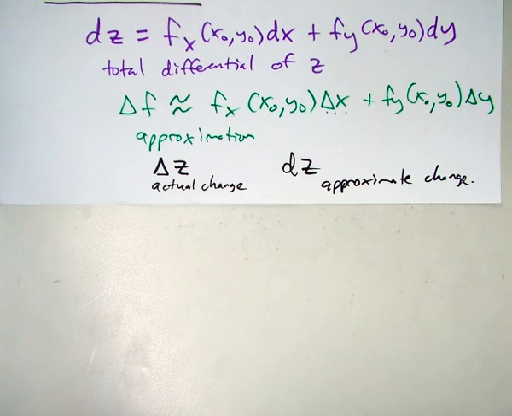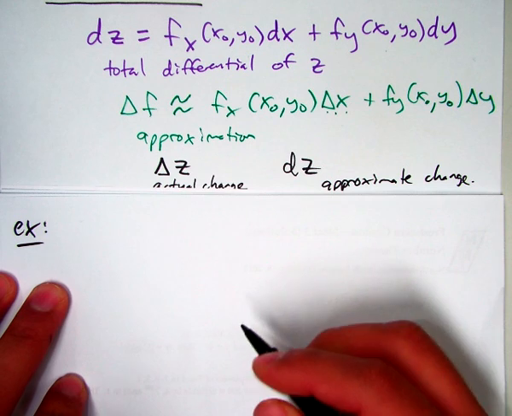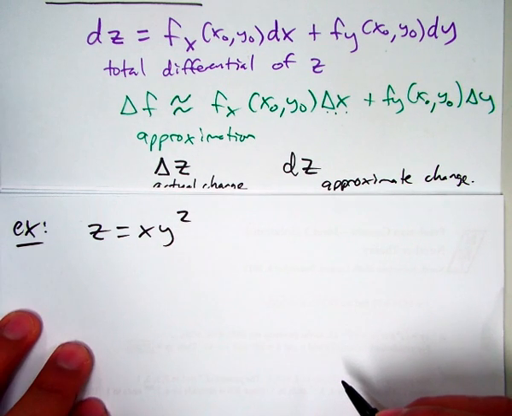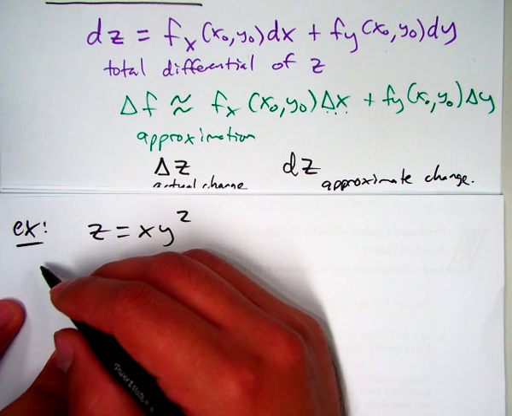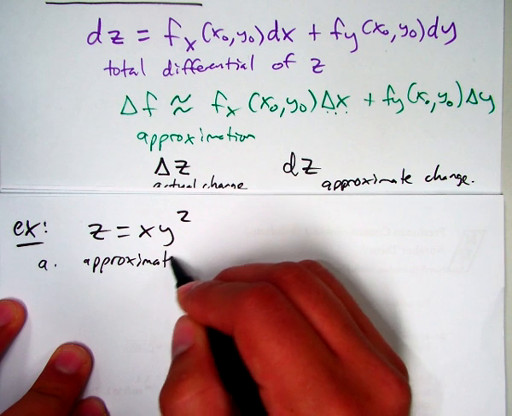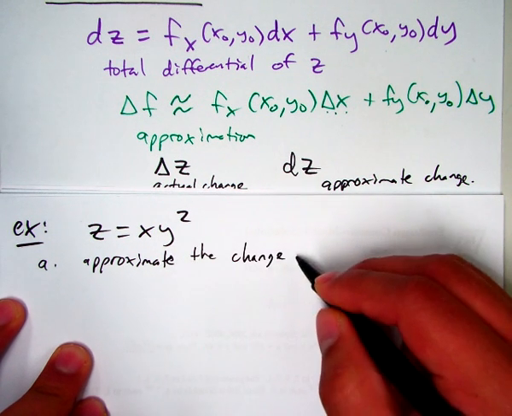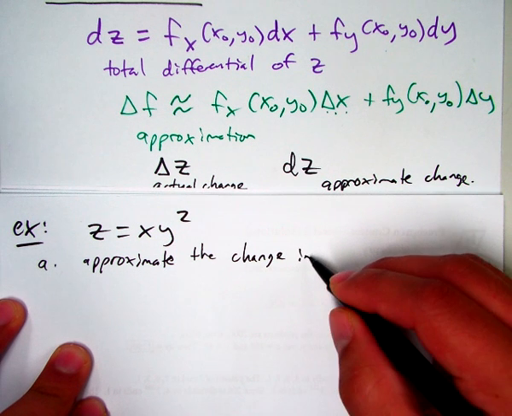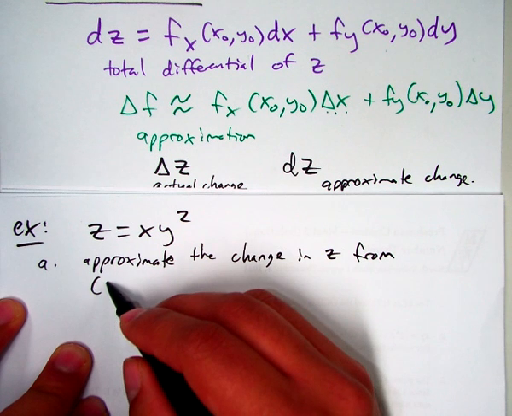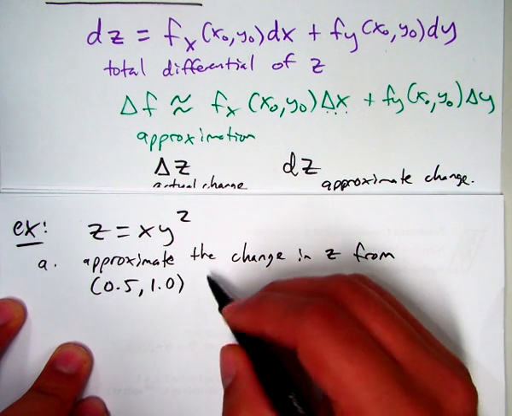So here's what it looks like in context now. Let's say we have the function z equals xy squared. And we want to do a couple of things. One, we want to approximate the change in z from the point 0.5 to 1.0 for y.